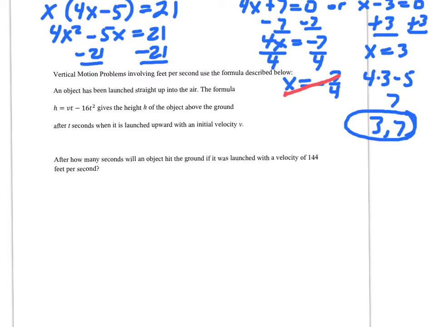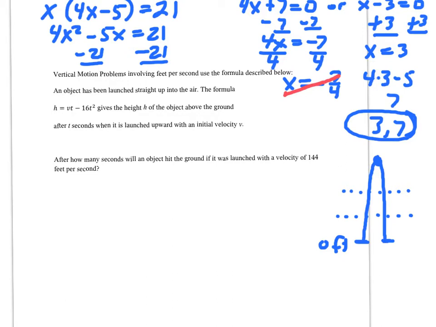Before we look at the first problem, if I have an object that's starting at 0 and it's going up and then back down and it lands back down, this is 0 feet, and all along the way there are these different heights. There is an actual peak that it hits at a certain point.